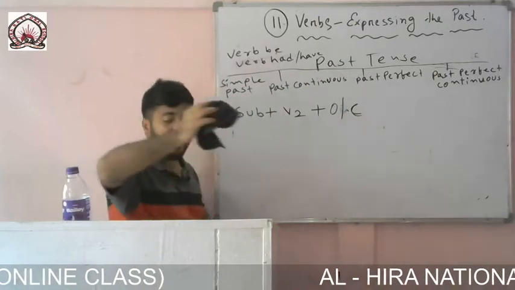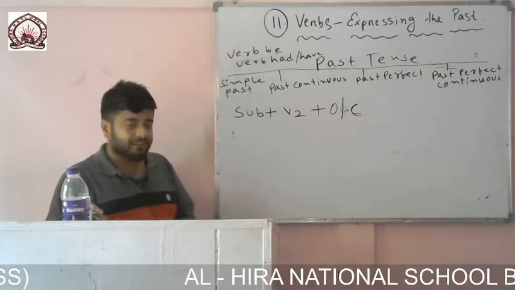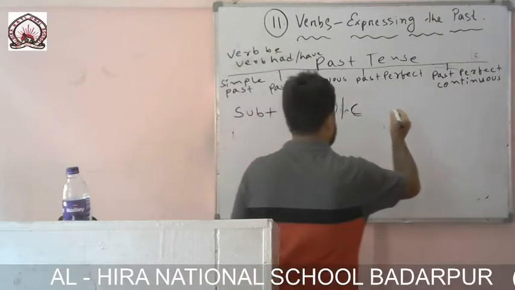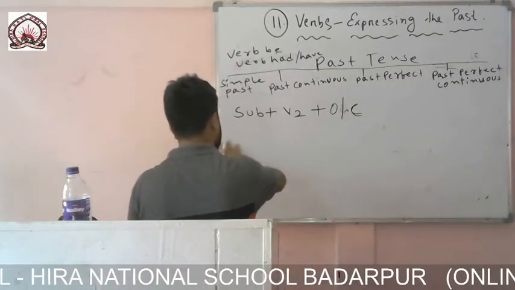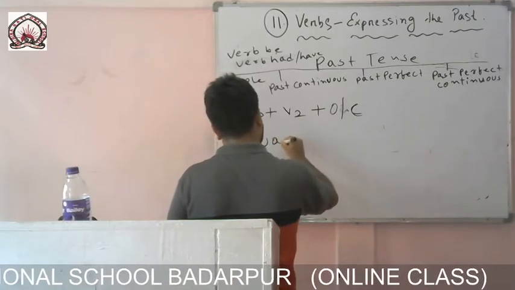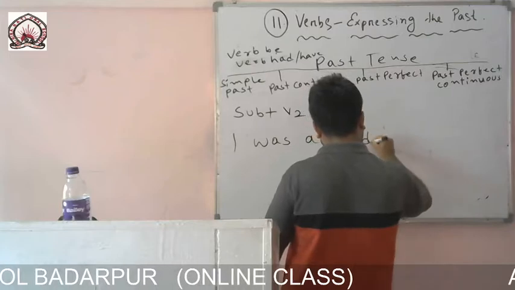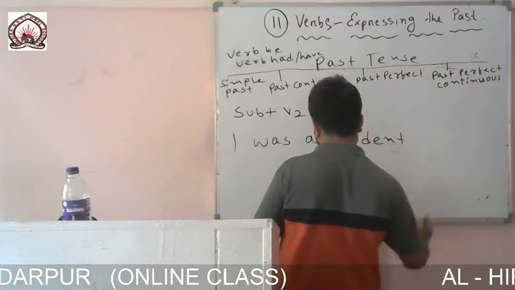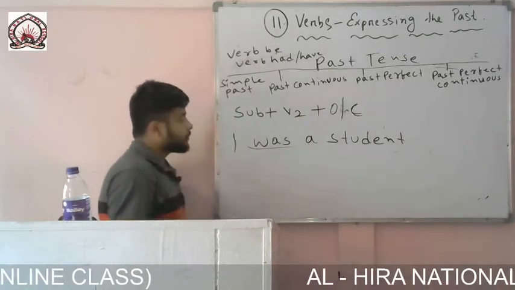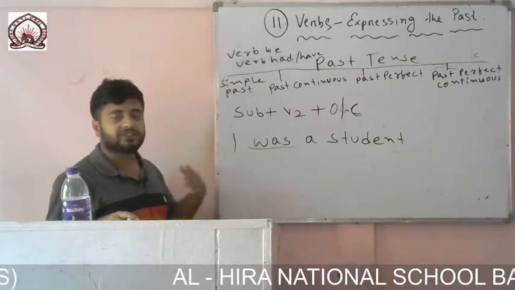Now, let me write a sentence with the help of past tense form of the verb be and had. I was a student. Here if you see, this is not the main verb like play, sit, sing, fight.